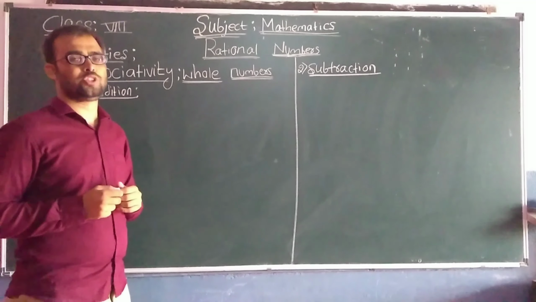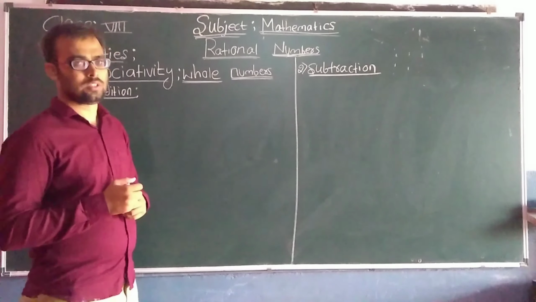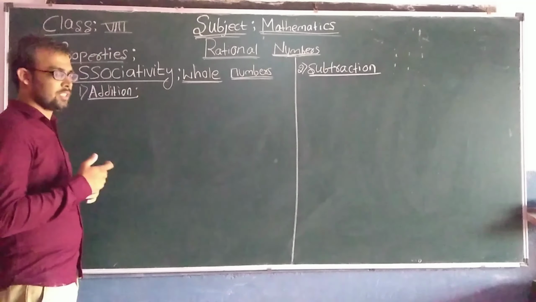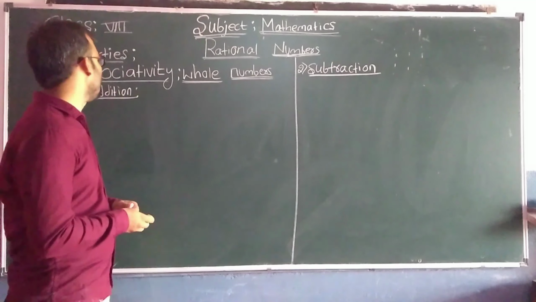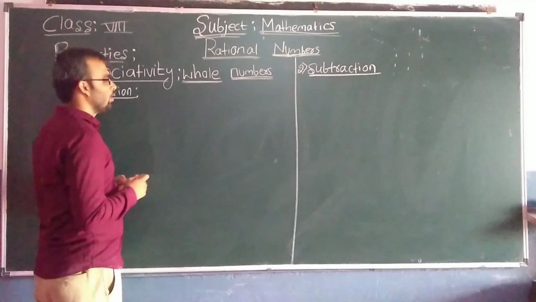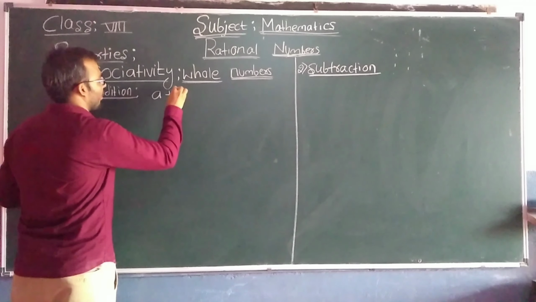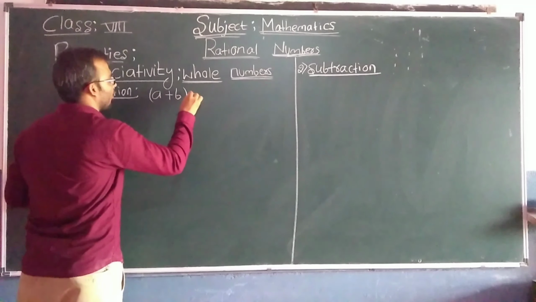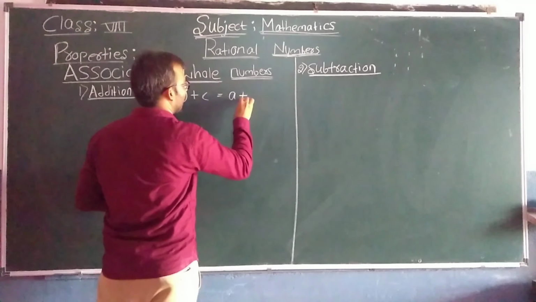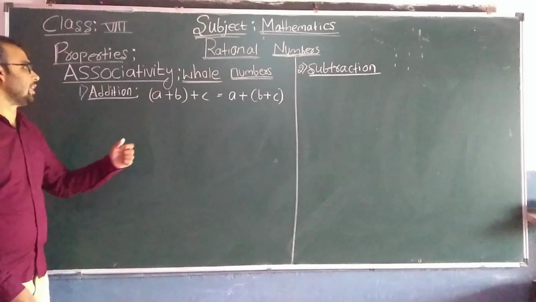Let us check whether the associative property of addition is satisfied under whole numbers or not. So what is the general form of the associative property of addition? A plus B plus C equals A plus B plus C. This is the general form.